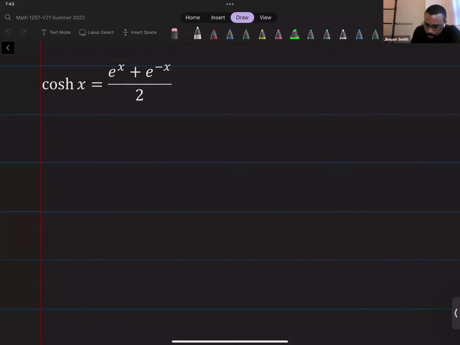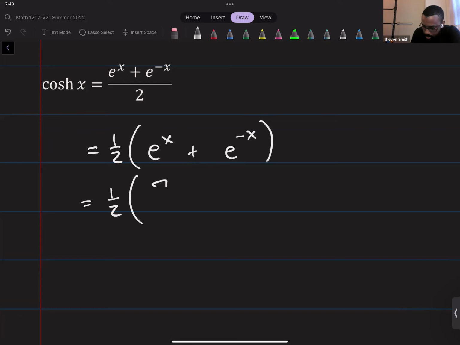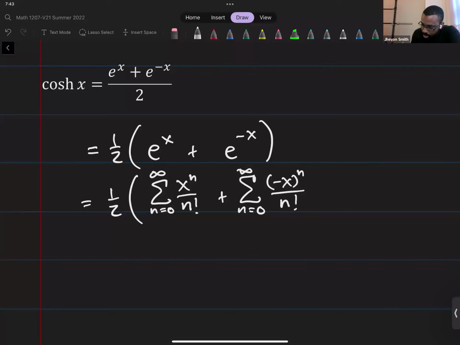So for example, this is just 1/2 times, of course, e to the x plus e to the minus x. And I know that e to the x as a series is x to the n over n factorial. Now, e to the minus x as a series is minus x to the n over n factorial.